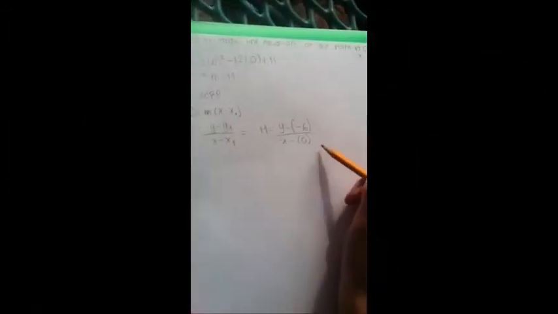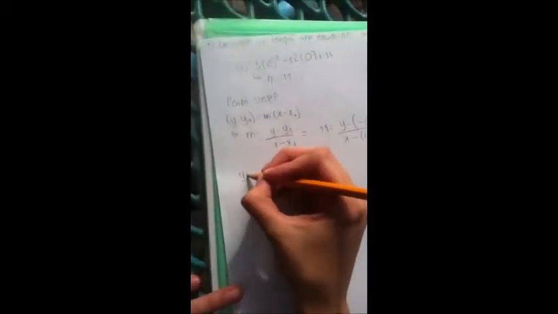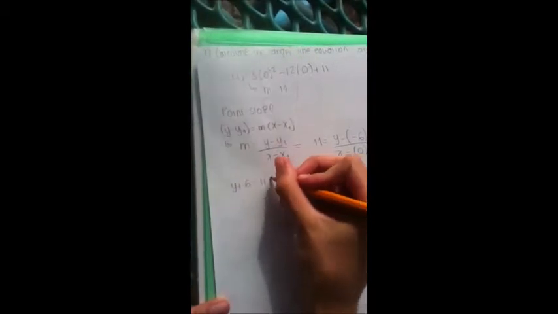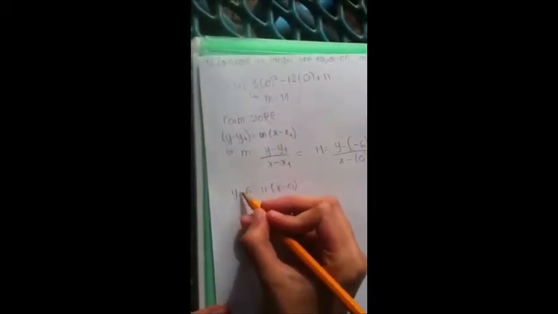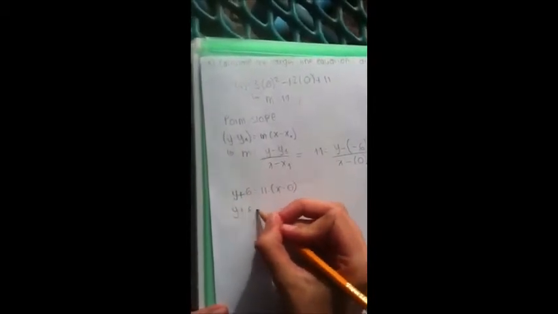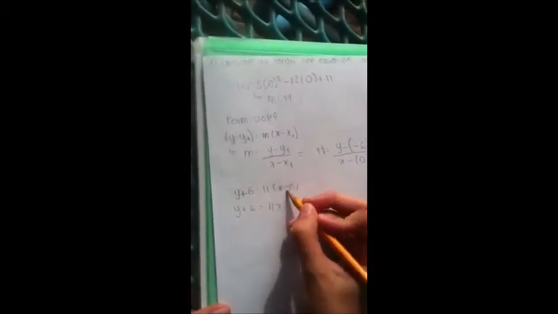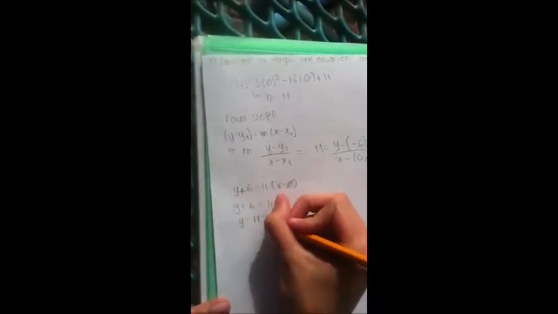So we got this result, and after this we pass this over here. We multiply, the 0 goes out, and then it stays like this.